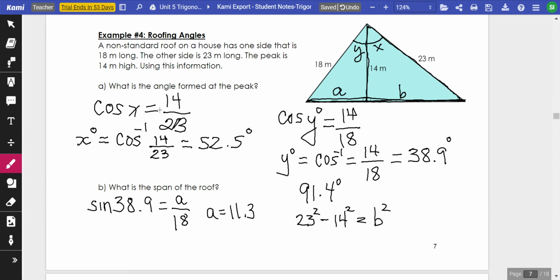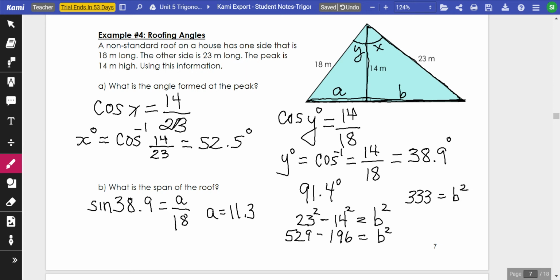So you square 23 and you get 529. You square 14 and you get 196. That equals B squared. Subtract the two and you get 333 equals B squared.